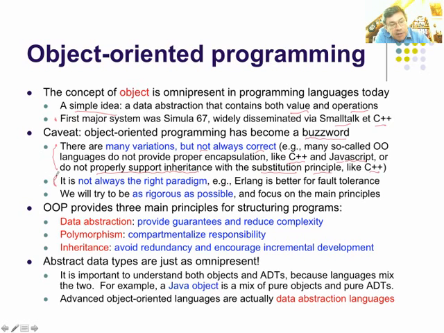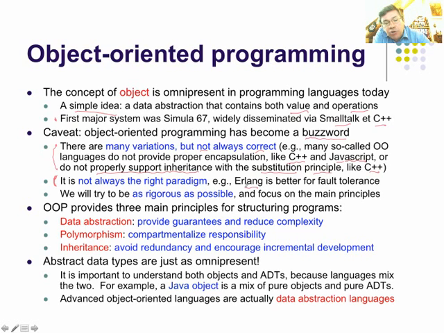Another point is that object-oriented programming is not always the right paradigm. People sometimes tend to think object-oriented programming is a panacea, and if a language is not object-oriented, then it's not good, it's not modern, it's not advanced. But that's not true.